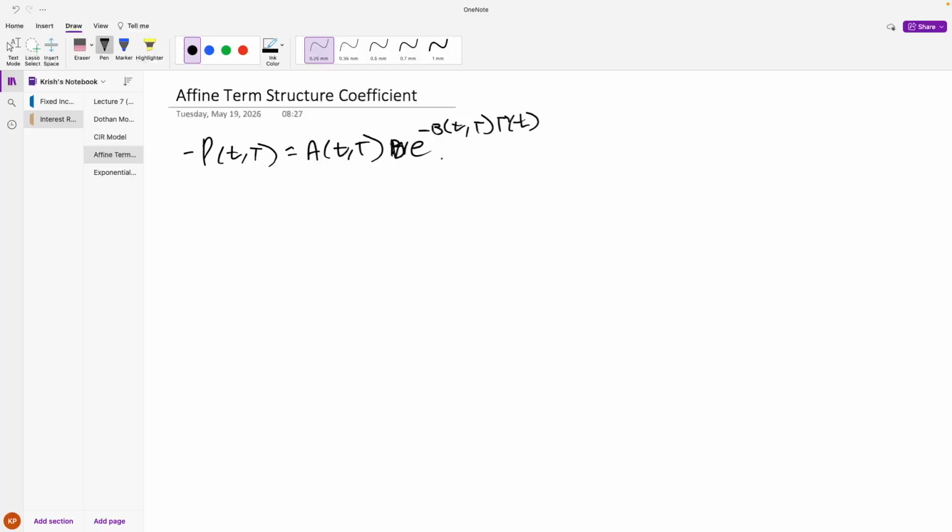It's supposed to be an R. Just go ahead and break things apart.